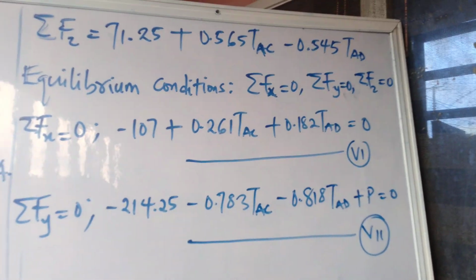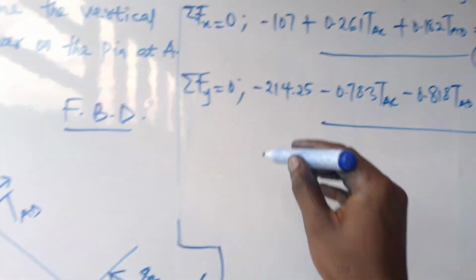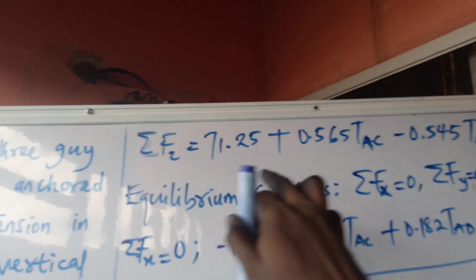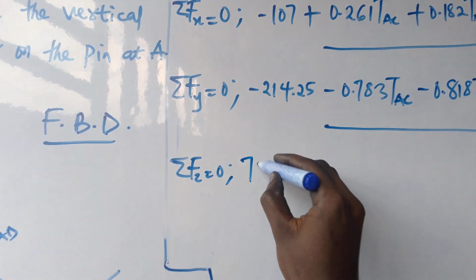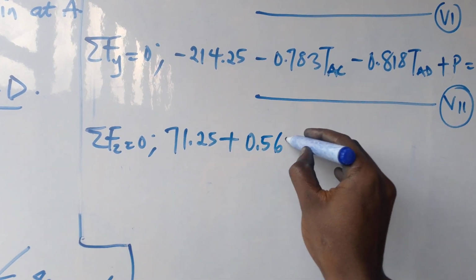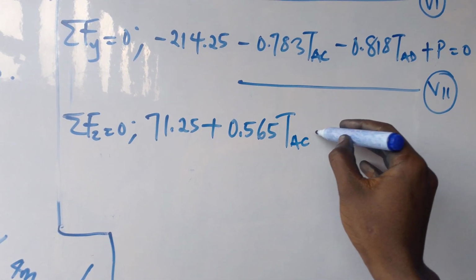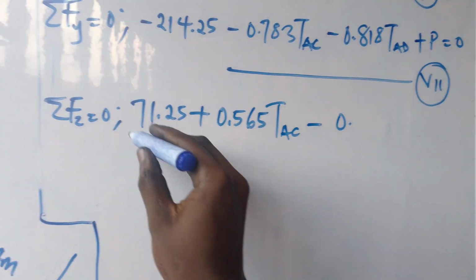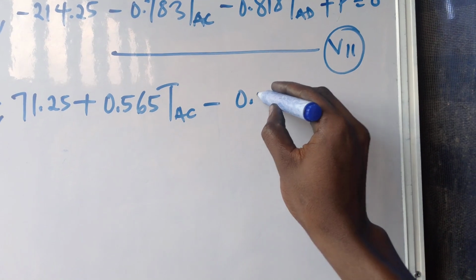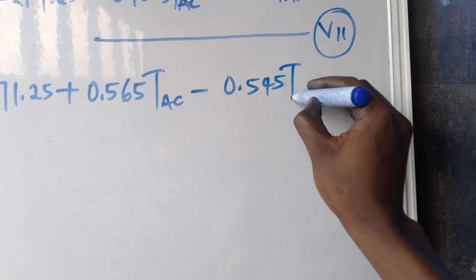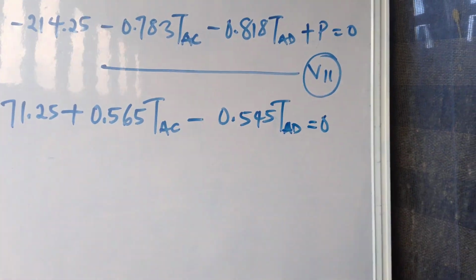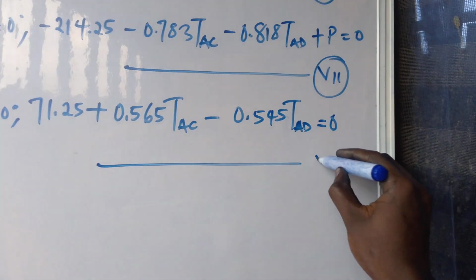And I can then apply the equilibrium conditions to sigma Fz. So if sigma Fz is equal to 0, this equation now will change to 71.25 plus 0.565 TAC minus 0.545 TAD is equivalent to 0. I can call this one equation 8.